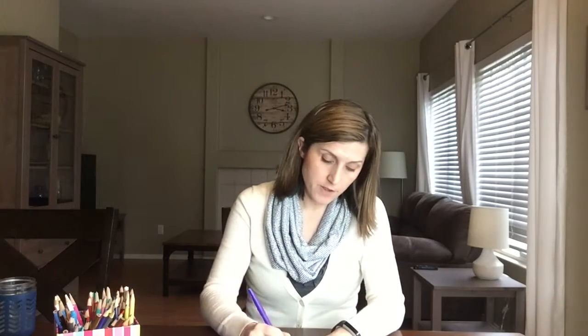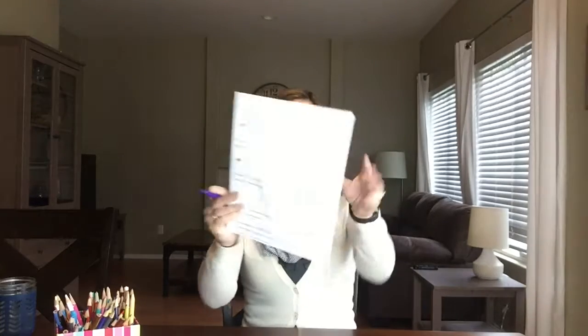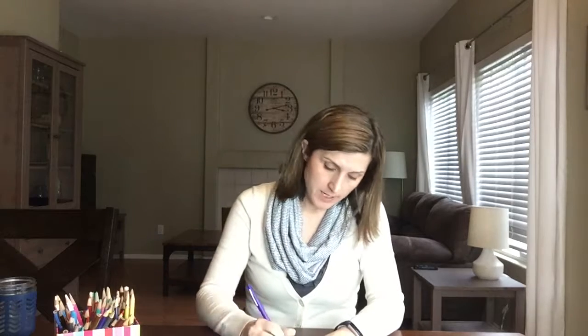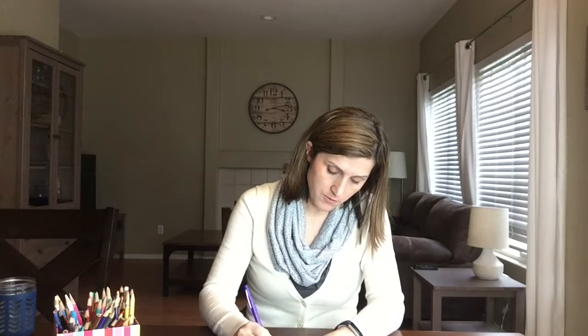Now I can cut each of those pieces in half, and I now have 8 equal pieces. I label them across: 1/8, 2/8, 3/8, 4/8, 5/8, 6/8, 7/8, 8/8.